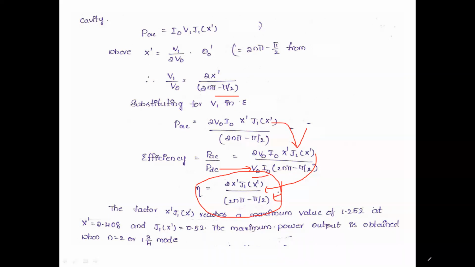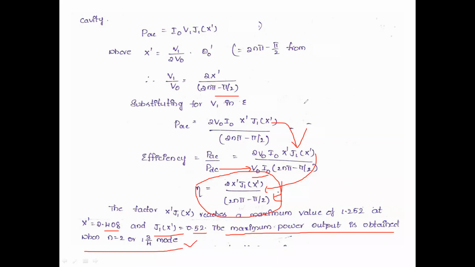In problems they will mention x dash, likewise, from the Bessel's function table you are getting values. By substituting x dash and j1 of x dash, the maximum power output is obtained. When n equals 1, fundamental mode, that equals 1 into 3 by 4 mode.